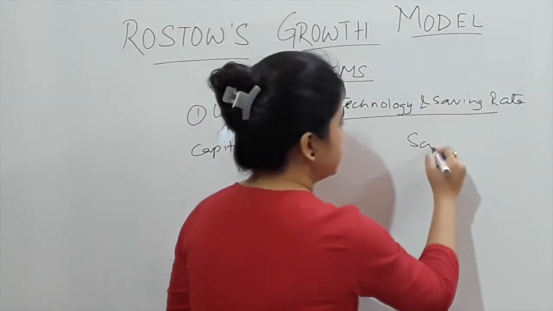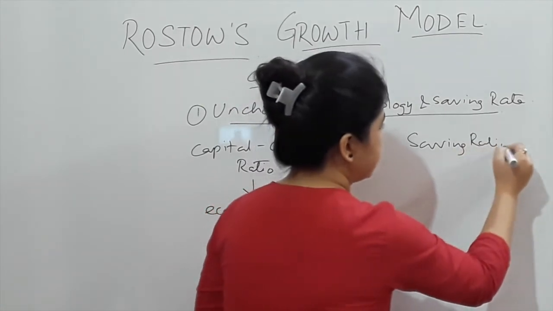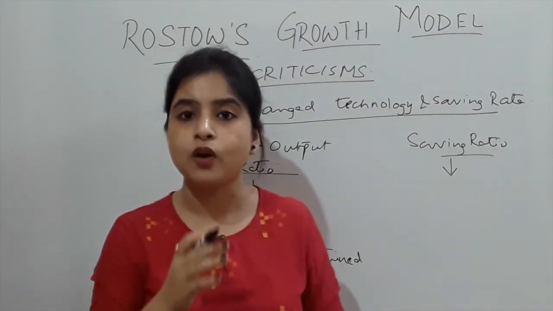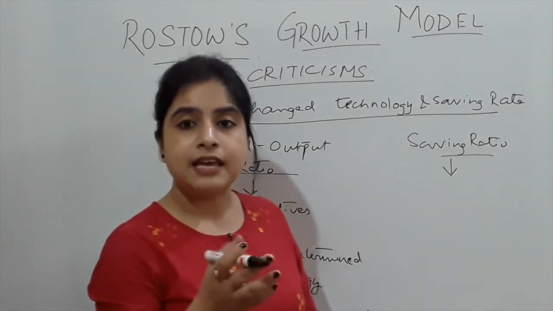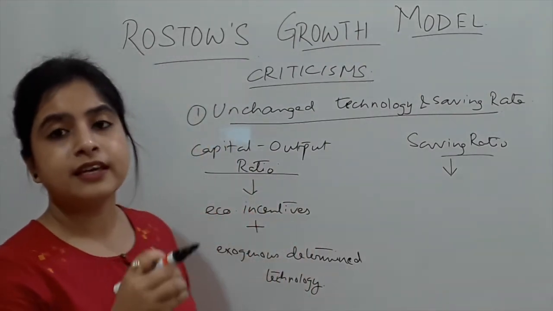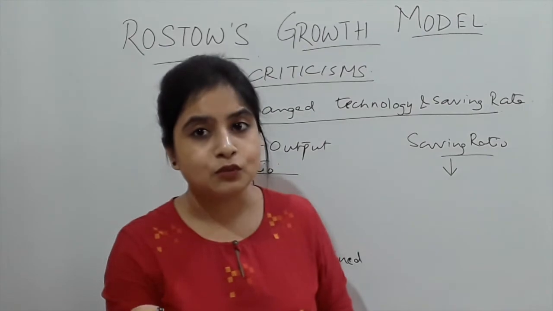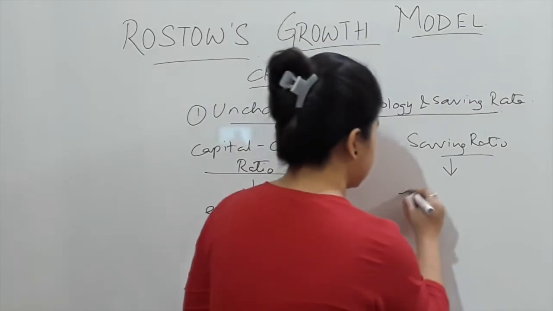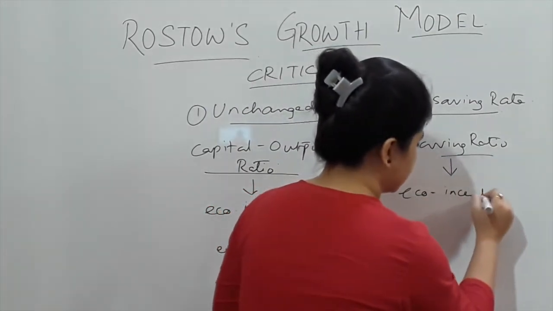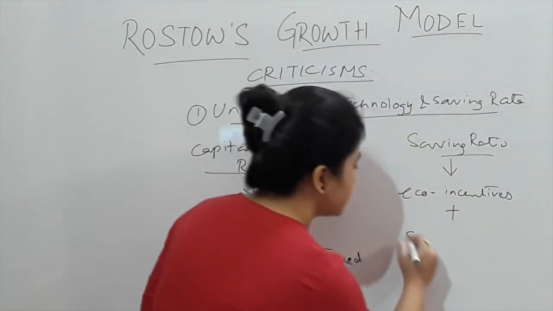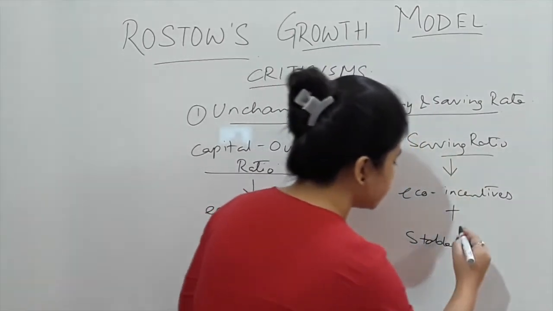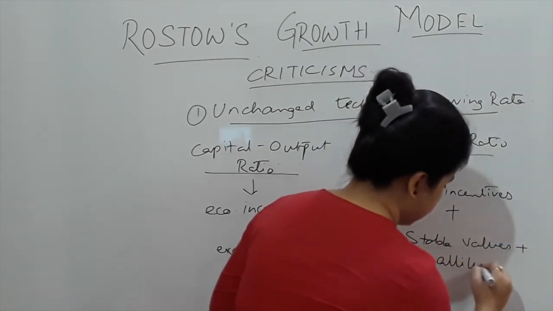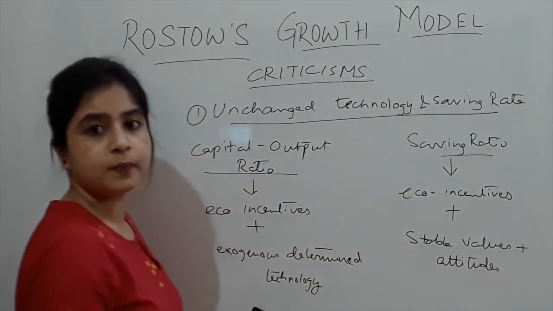Whereas if we talk about the saving ratio from the model, on what does the saving ratio depend? Saving ratio is dependent on the stable values and the attitudes as well as on the economic incentives. So this again depends on the economic incentives, just like the capital output ratio, but along with that we have stable values and attitudes to save, right?